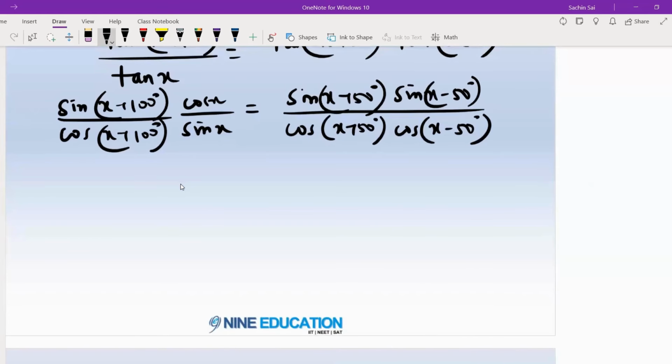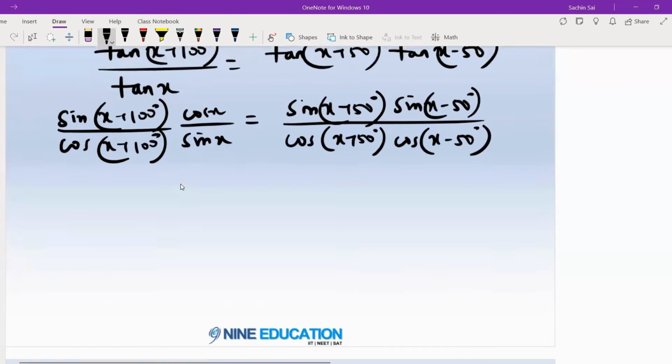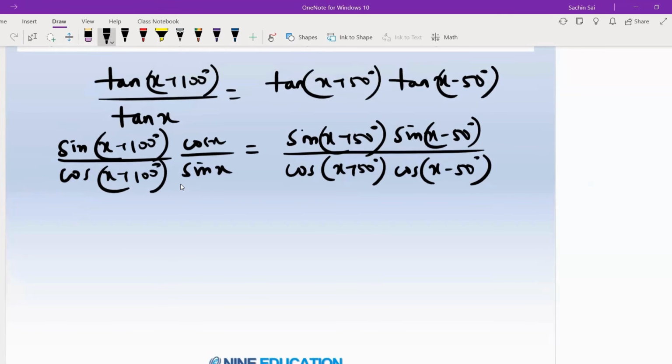So left hand side will keep as it is, because on the right hand side, you can observe that the expression is of the form 2 sin A sin B by 2 cos A cos B. So sin square A minus sin square B by cos square A minus sin square B.